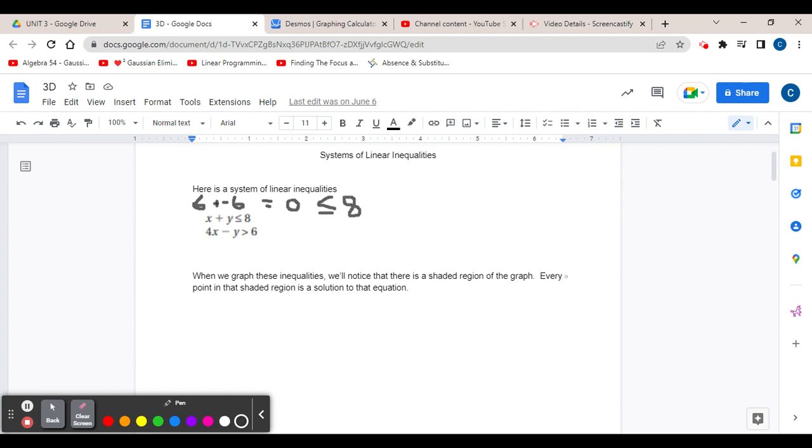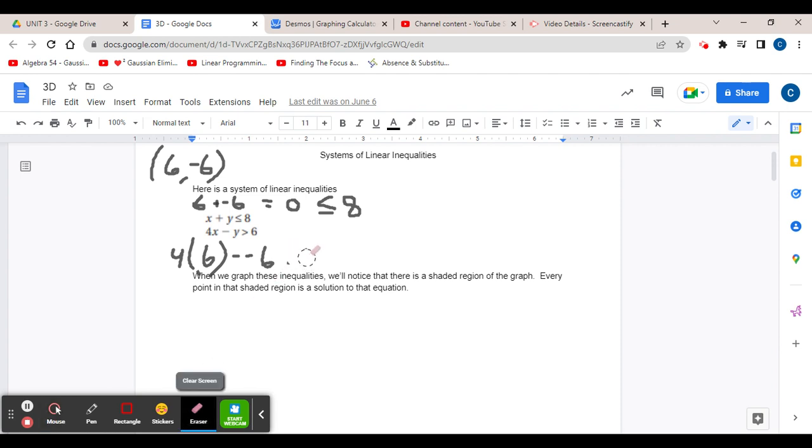Coming down here, 4 times 6 minus negative 6, because we're using the point (6, -6) again, is greater than 6. 4 times 6 is 24. 24 minus negative 6 is 24 plus 6, which is 30.